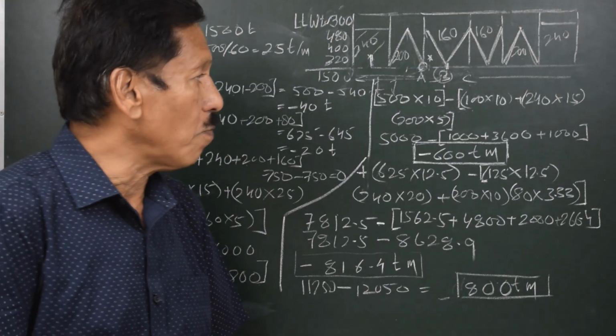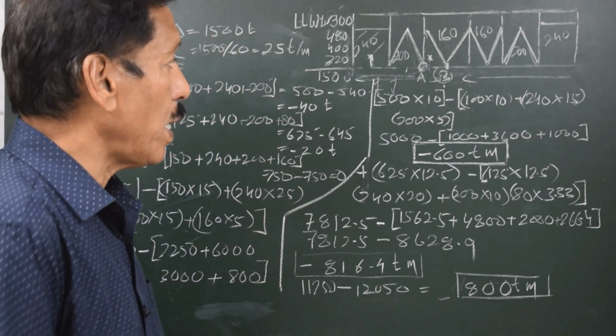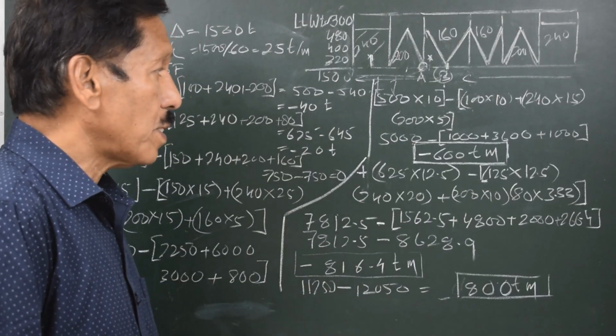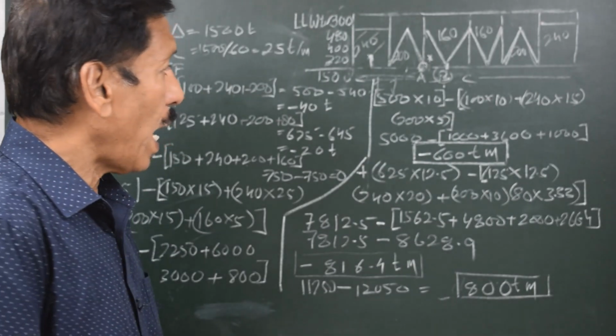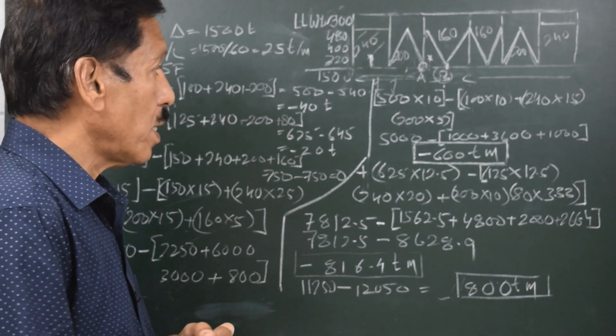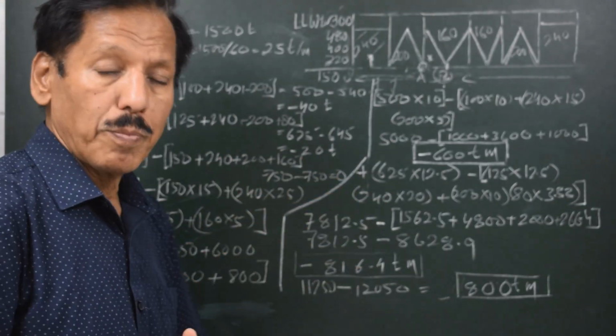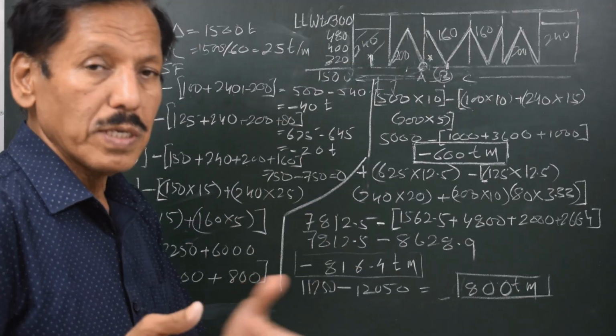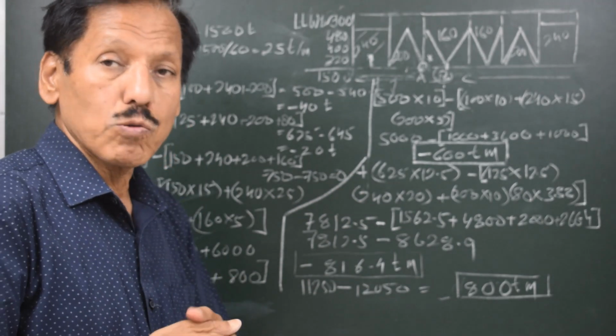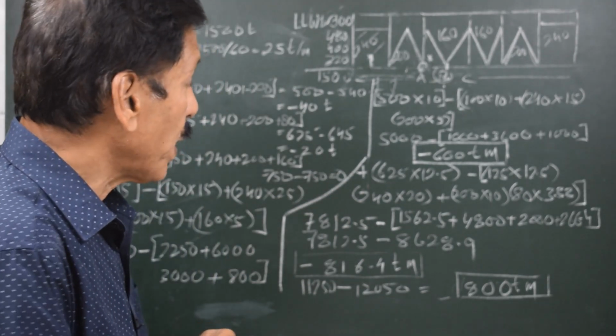So you've seen this is how we have calculated the SF and BM at 3 given points, and the principle that was used was, we consider the box vessel like a beam, and use the similar method which was followed in case of the beam.